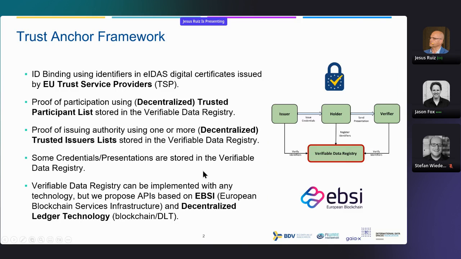Now, again, we are using traditional eIDAS digital certificates provided by the European Union Trust Service Providers in order to boot the whole thing. And the fact that you use verifiable credentials doesn't change that in order to prove your initial identity, you need digital certificates, for example, in I4Trust.